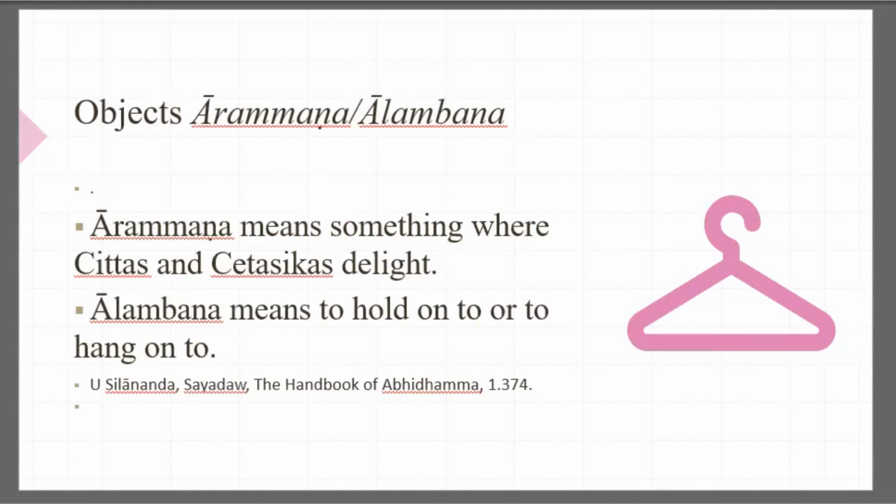Similarly, those objects are what the mind and mental factors, Citta and Cetasika, hang on to. Or we can say in another way, mind and mental factors hang on those objects.